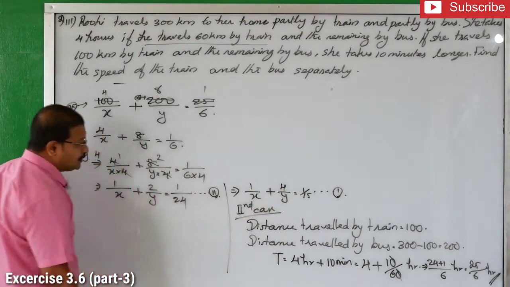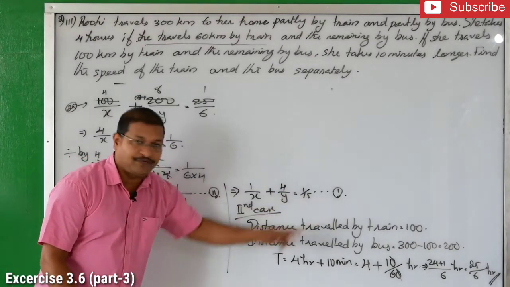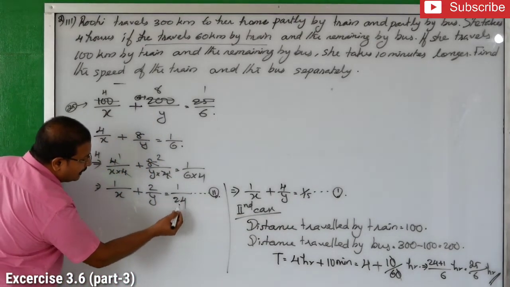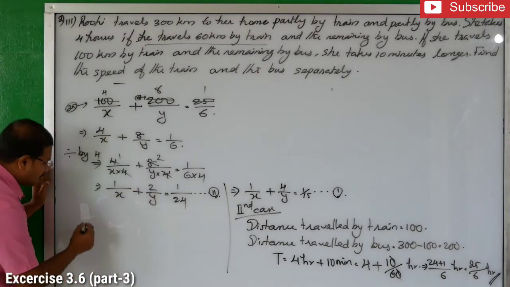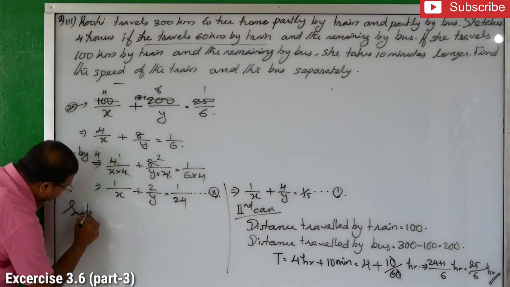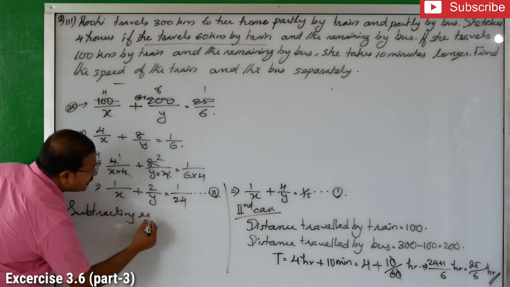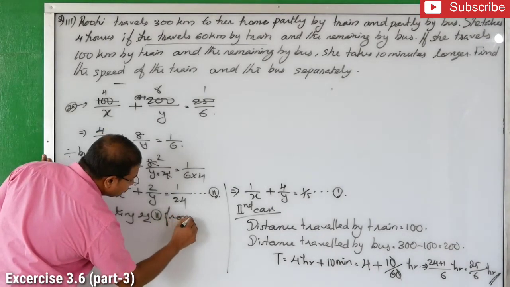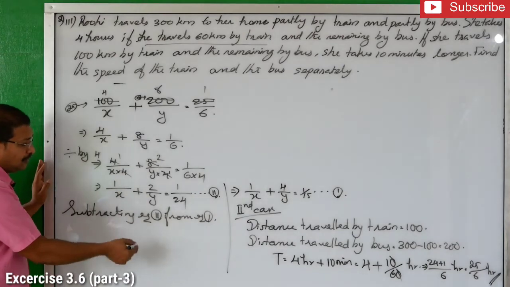We got actually the first equation is 1 by x plus 4 by y equals 1 by 15, and the second equation 1 by x plus 2 by y equals 1 by 24. So it's no need to do any other step. Direct we can write subtracting equation 2 from equation 1. Ready? That means the first equation we'll write first.